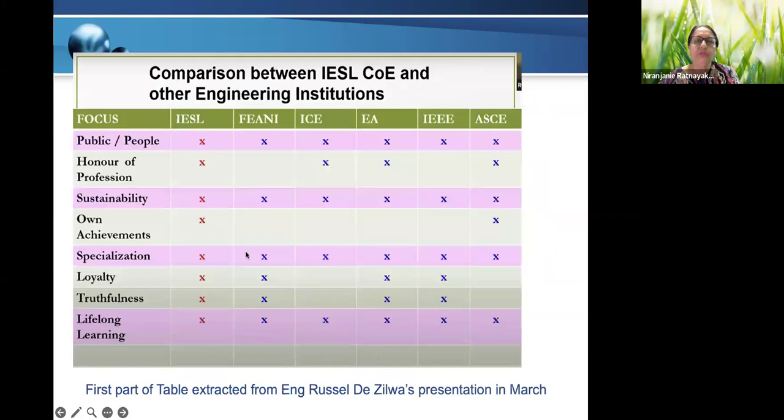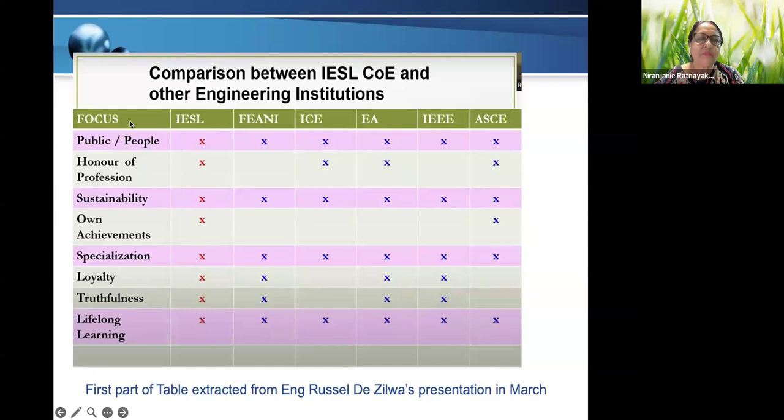So now, we are supposed to know about professional codes of ethics, right? Not only IESL. So what I have done is actually I have taken this, acknowledging Engineer Russell Dizilla. I got it from his presentation. So he has actually done this.